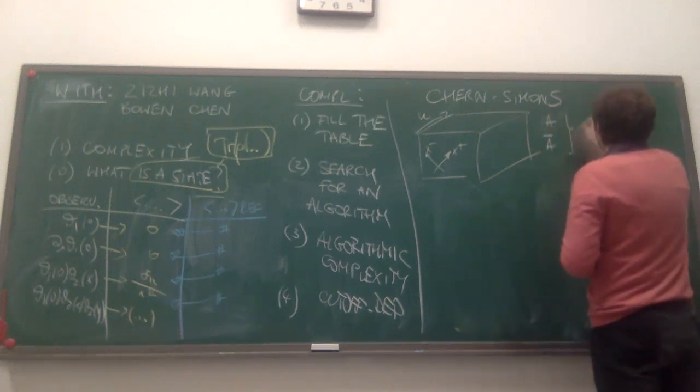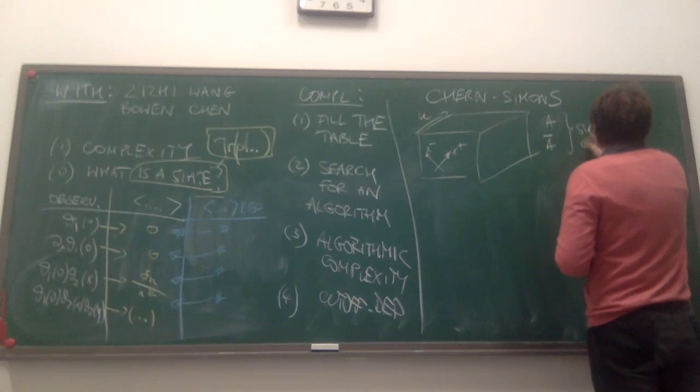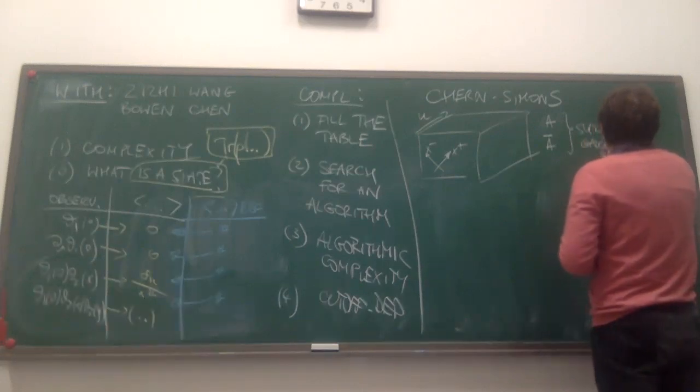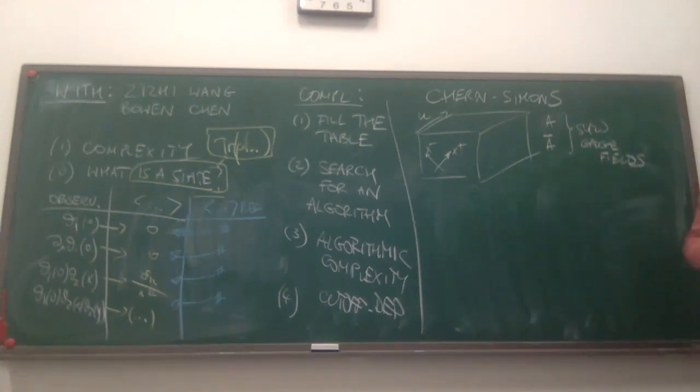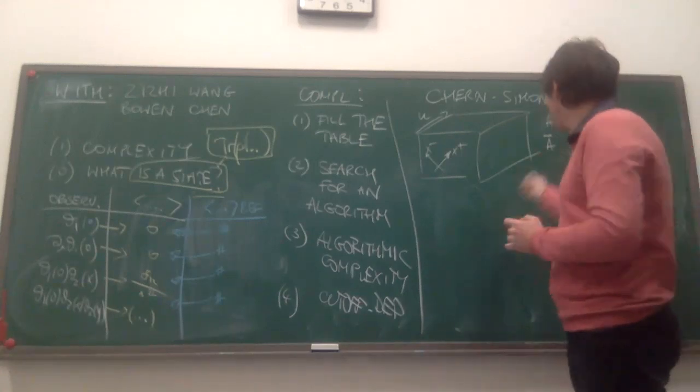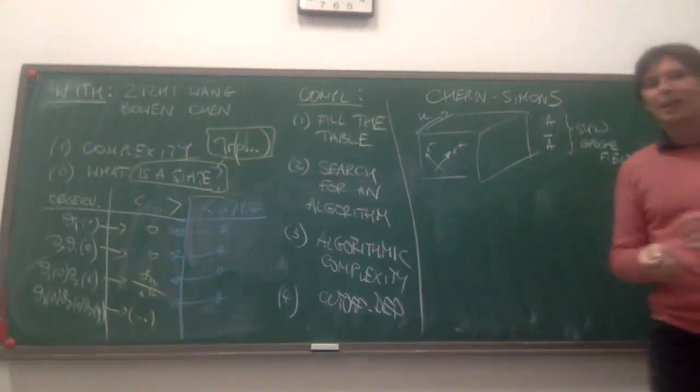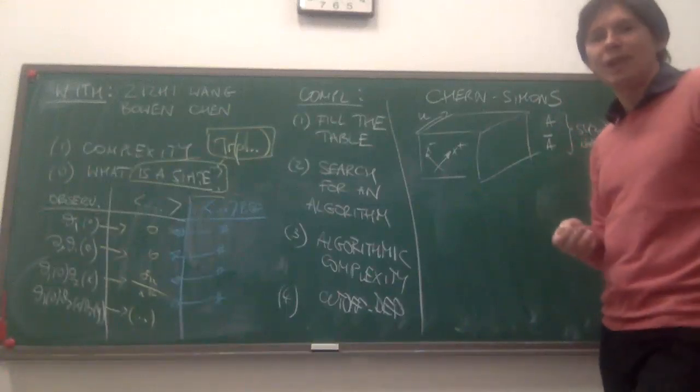These are SL2R gauge fields. What does it mean that they are SL2R gauge fields?